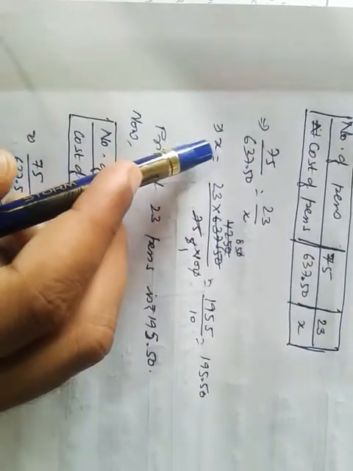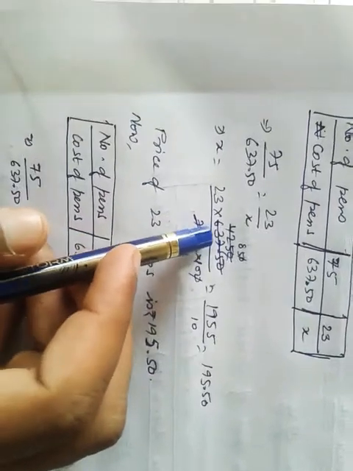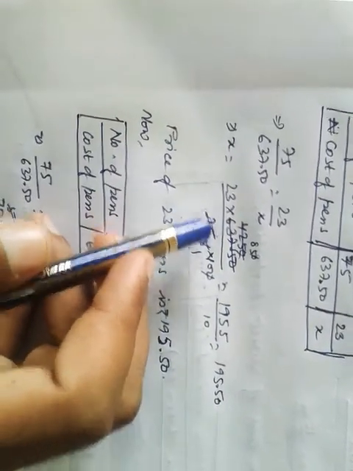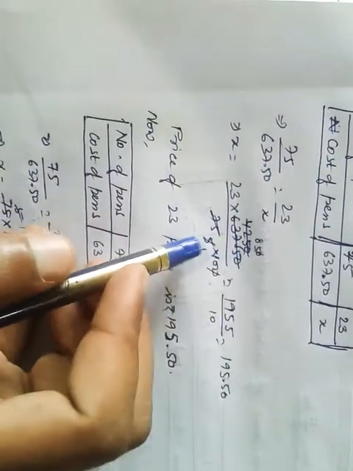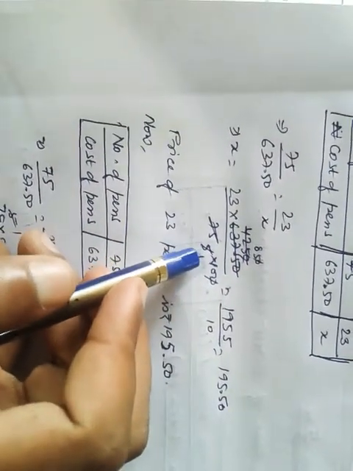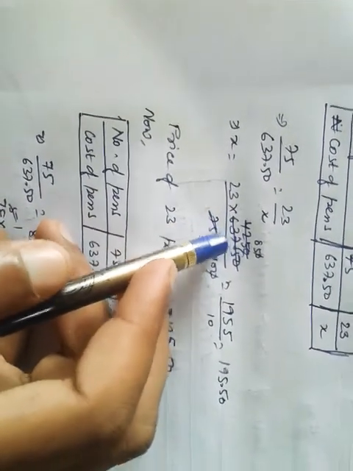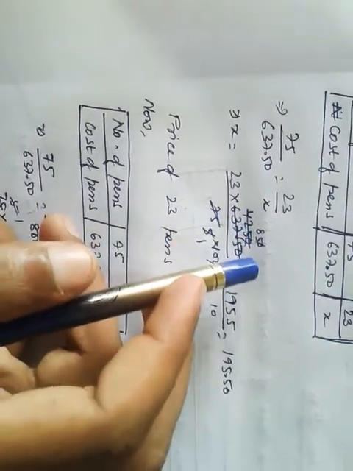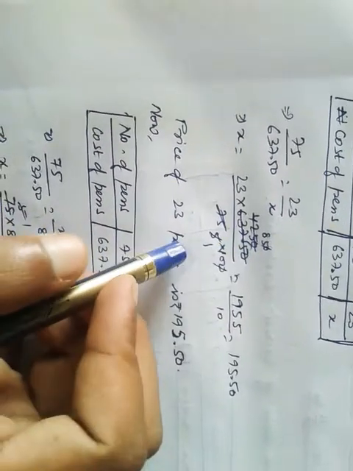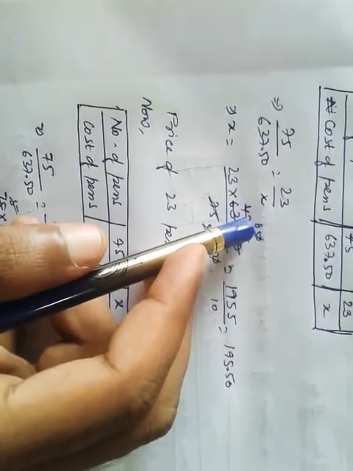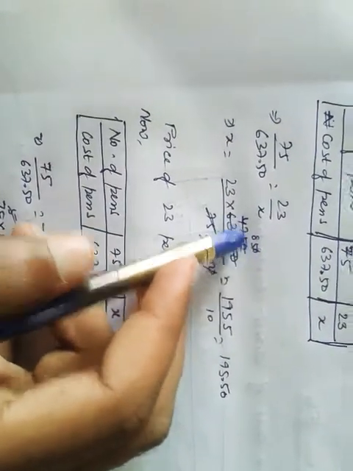Then we write x equals 23 into 637.50 by 75. Then I cut it by the table of 15: 15 5 is 75, 15 4 is 60, 15 2 is 30, and then 15 5 is 75. Then this 0 becomes 0. Then again 5 1 ja, and it becomes 850. Then I cut by 50.